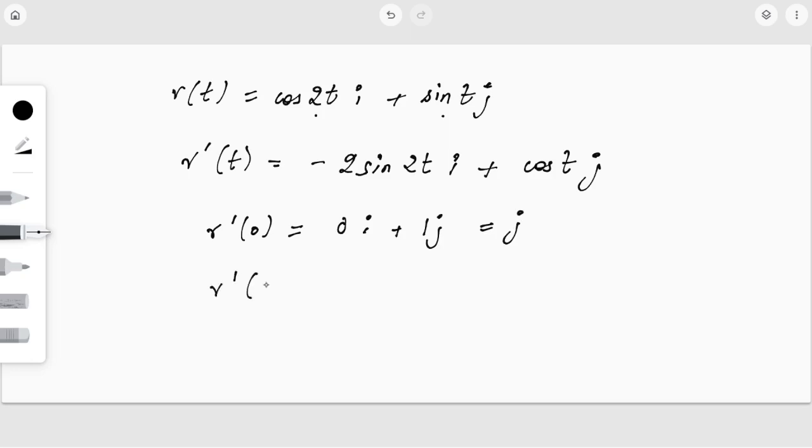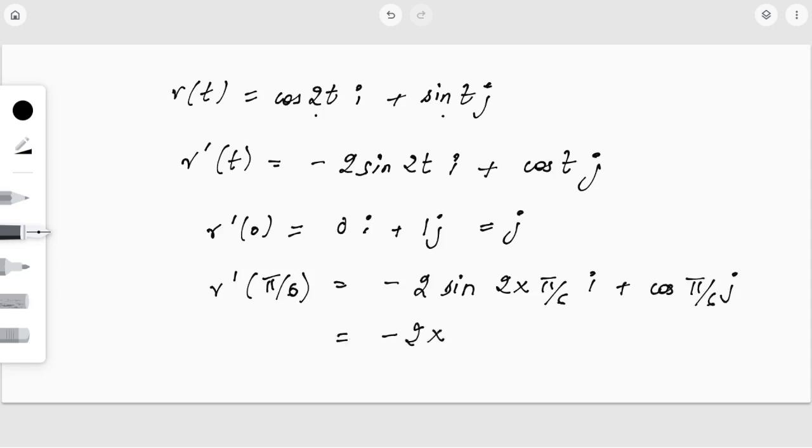And what is r dash of pi by 6? This is minus 2 sin 2 into pi by 6 i plus cos pi by 6 j, which is minus 2 into sin of pi by 3, which is root 3 by 2, i, and cos pi by 6 is again root 3 by 2.